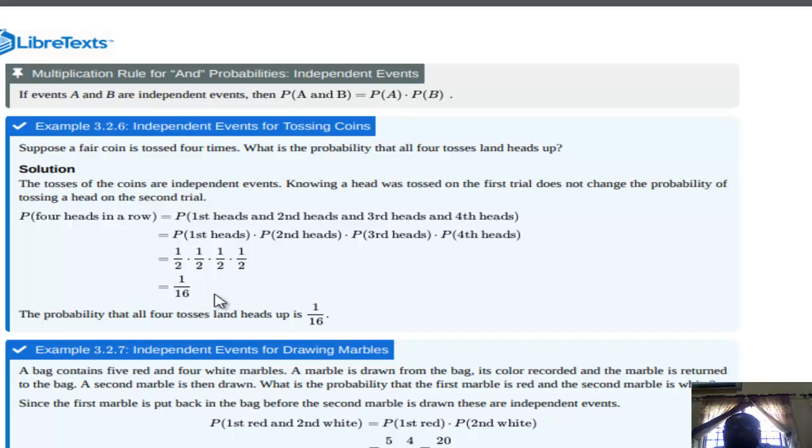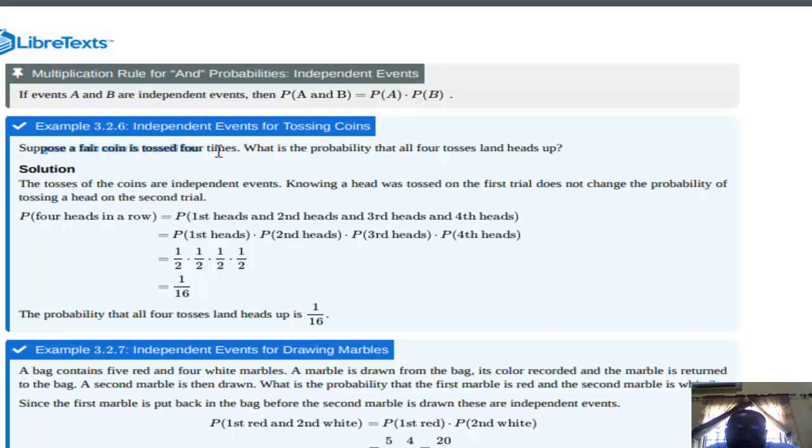So they are independent events. If A and B are independent events, then the probability of A and B is the same as the probability of A multiplied by the probability of B. That's the formula.